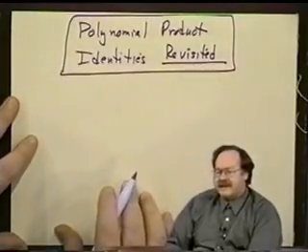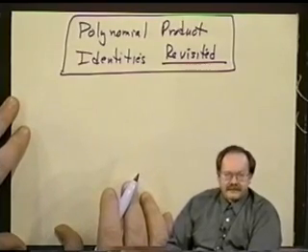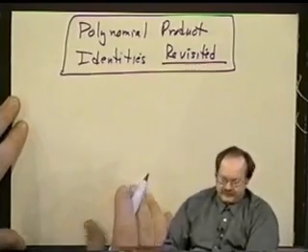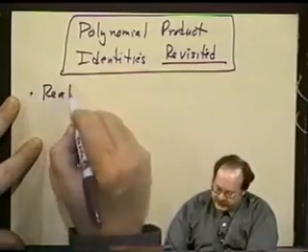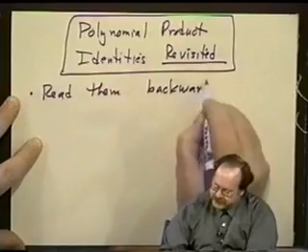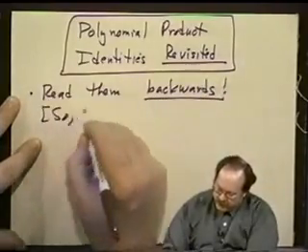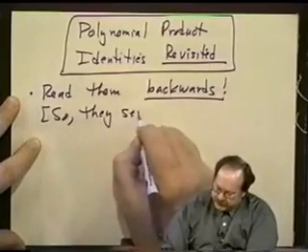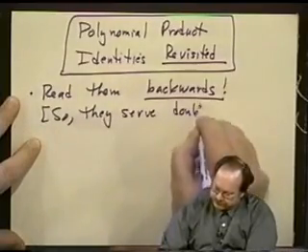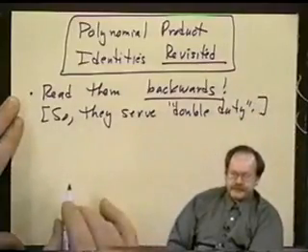I'm going to take a given identity, which goes from left to right, and I'm going to read it from right to left, which gives me a new identity. So, read them backwards. This is something students often forget. If you read something backwards, they serve double duty, depending on which way you read them.